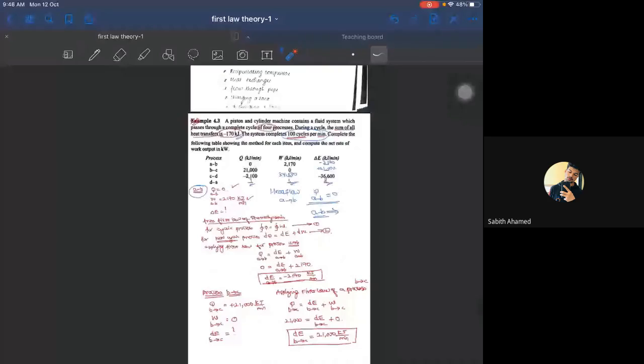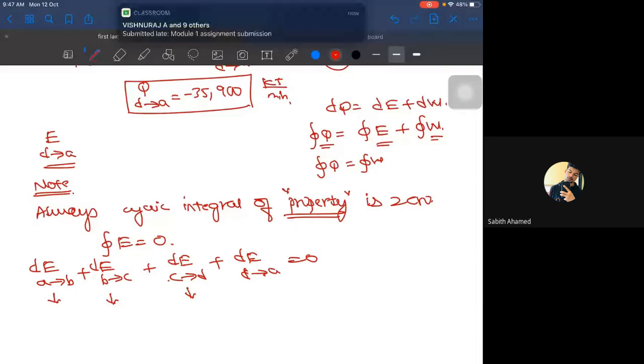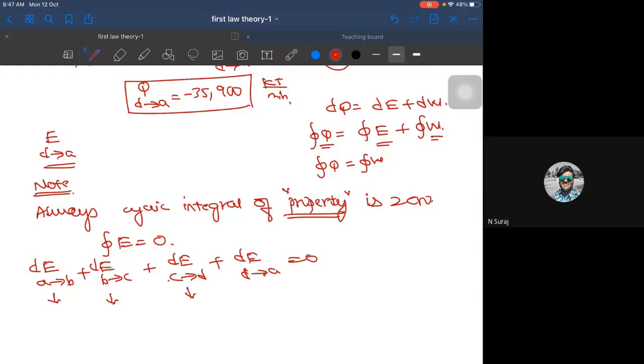Give me the values. Change in internal energy, delta E, from A to B is minus 2170.